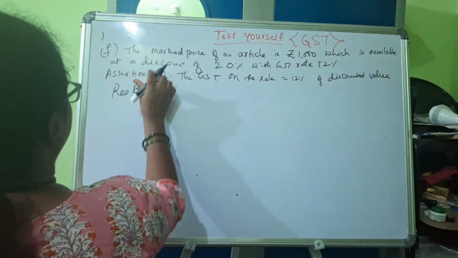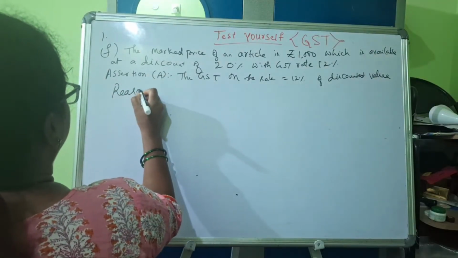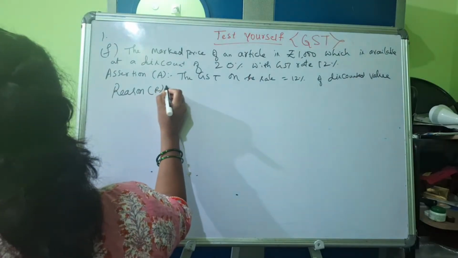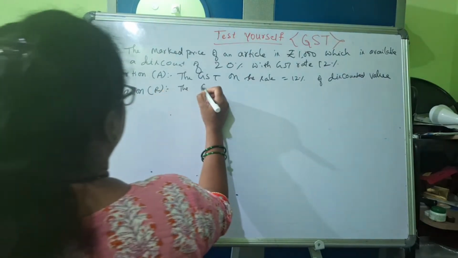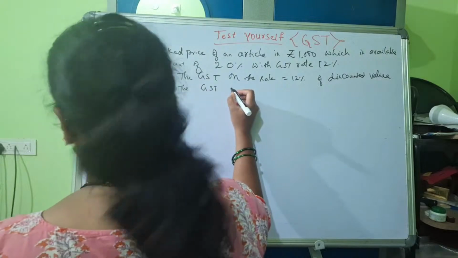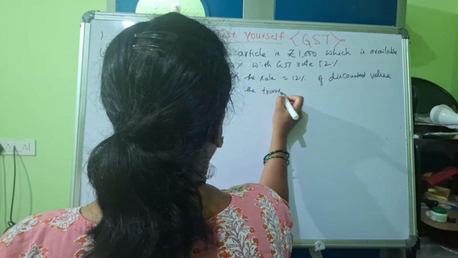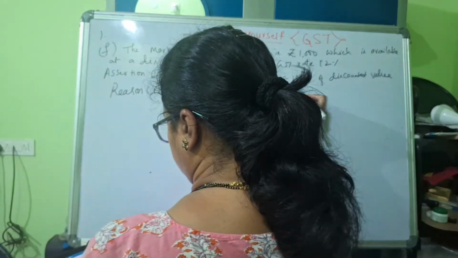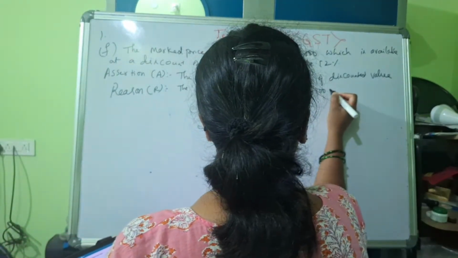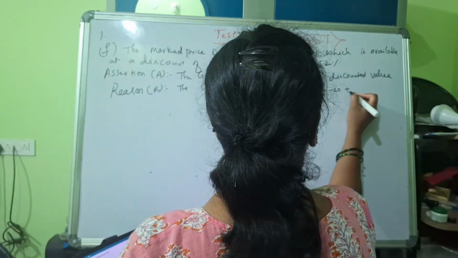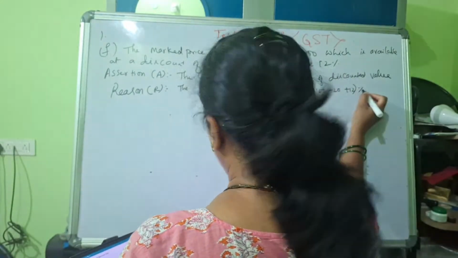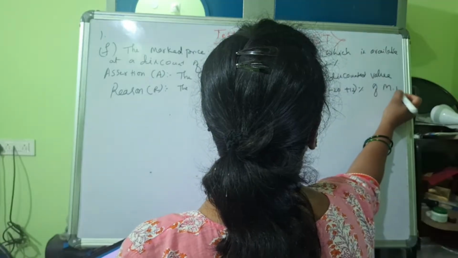Reason: The GST on the transaction is equal to 100 minus 20 plus 12% of market price.